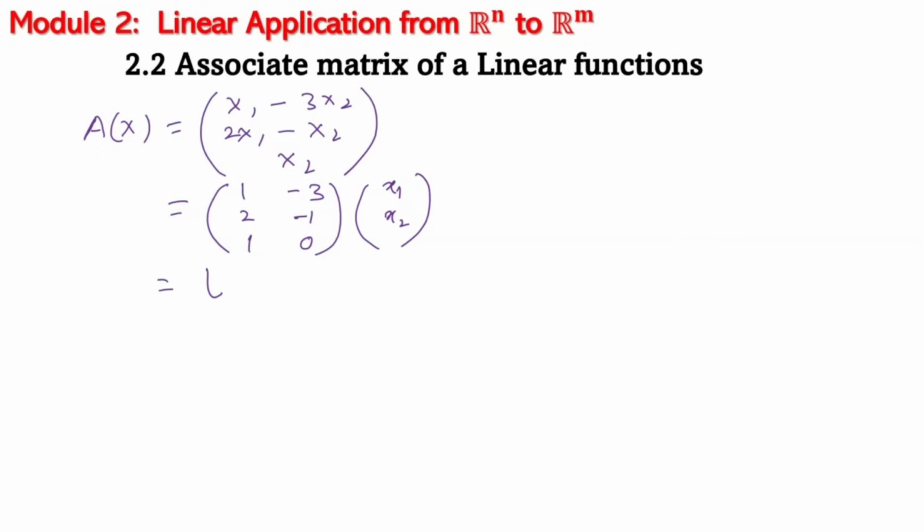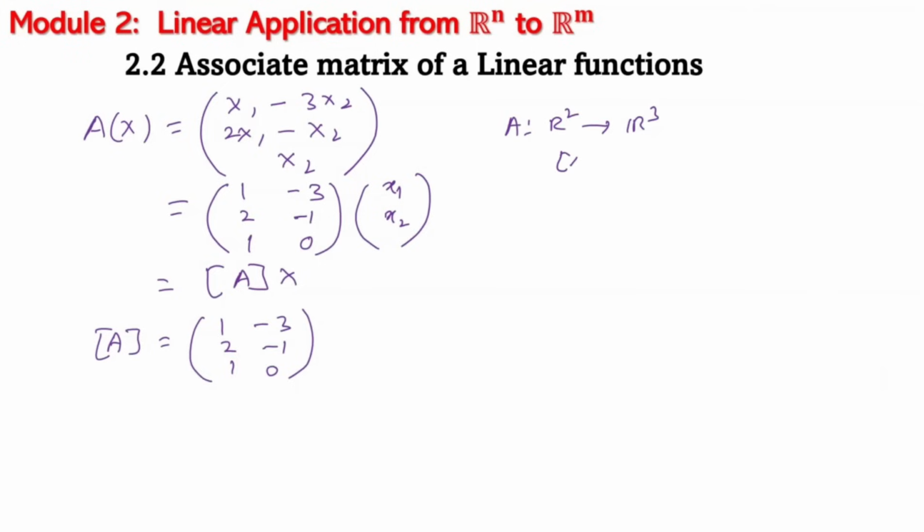So this is nothing but a matrix A and x. So here the matrix A is [1, minus 3; 2, minus 1; 1, 0]. And as expected, since A is from R2 to R3, the matrix should be 3 over 2. So which is true, that the matrix is 3 over 2.